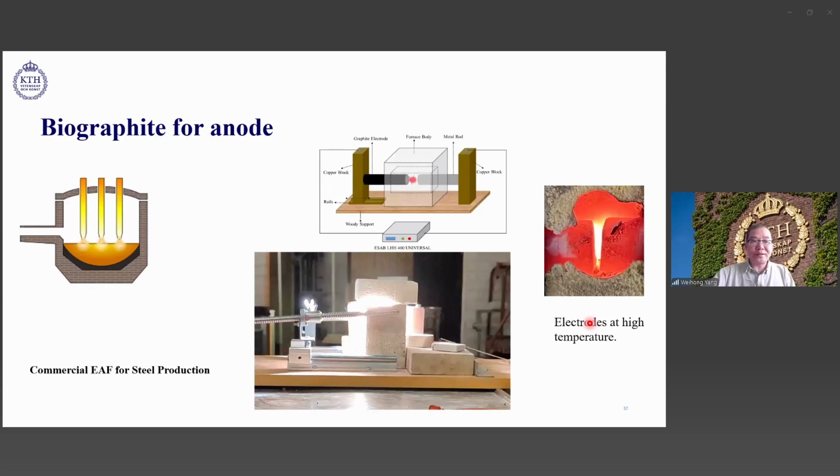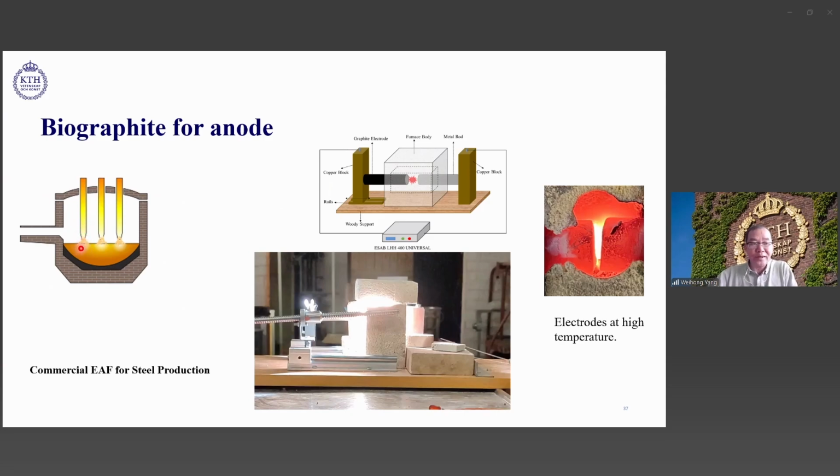Another application is graphite for the electric arc furnace. This is the graphite in the real plant. When the electrical current passes through the graphite, the graphite is consumed and you generate an arc that becomes the heating.